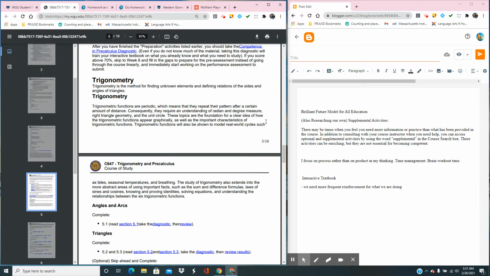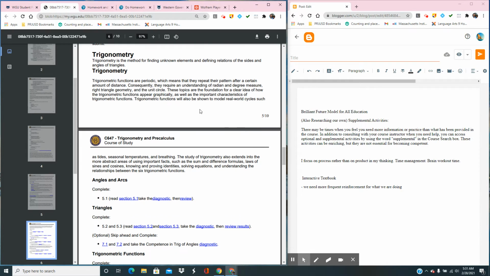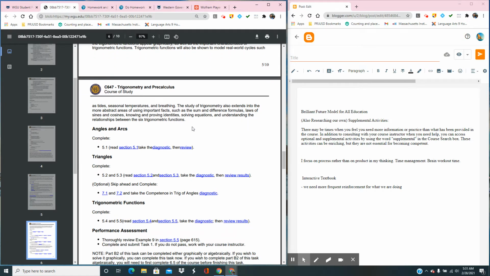Consequently, they require an understanding of radian and degree measure, right triangle geometry, and the unit circle. These topics are the foundation for a clear idea of how trigonometric functions appear graphically, as well as the important characteristics of trigonometric functions. Trigonometric functions will also be shown to model real-world cycles such as tides, seasonal temperatures, and breathing.